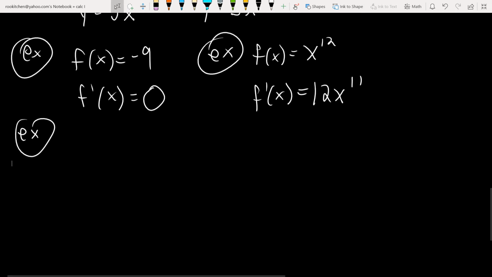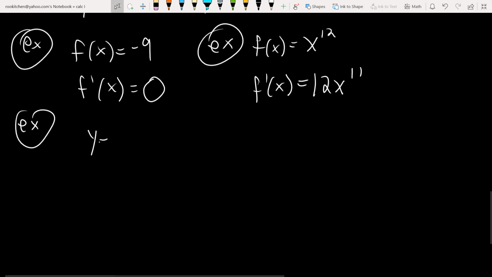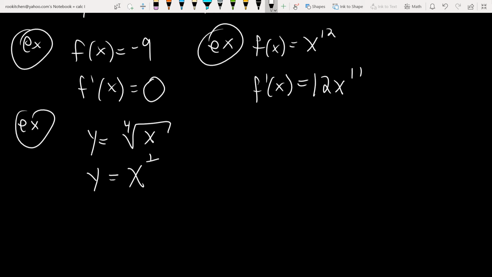Okay, pretty simple. How about this one? Oh, I don't know. You didn't show us how to do radicals. No, I kind of did. You have to have a little guts to pull this off. Just do the same thing, but you're working with a fraction, right? So y equals, because you could rewrite roots as fractional exponents.